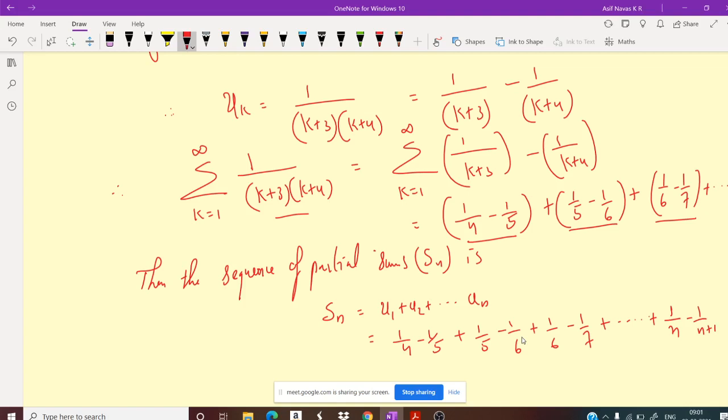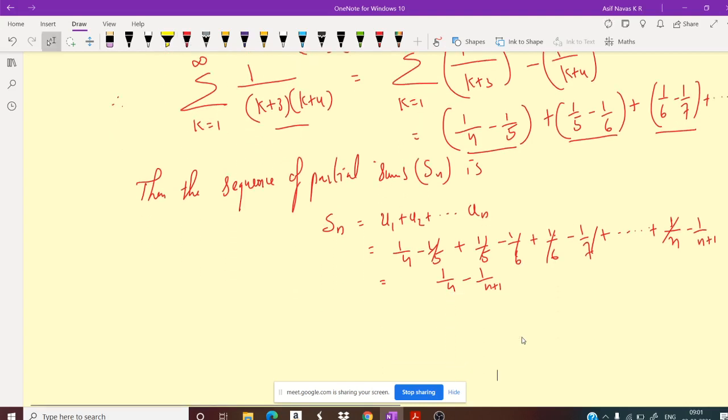Okay. So that is Sn. Now all these terms get cancelled, so the remaining portion only is equal to 1 by 4 minus 1 by n plus 1.